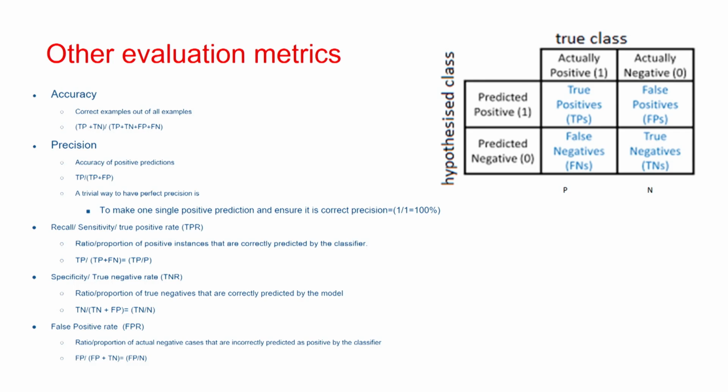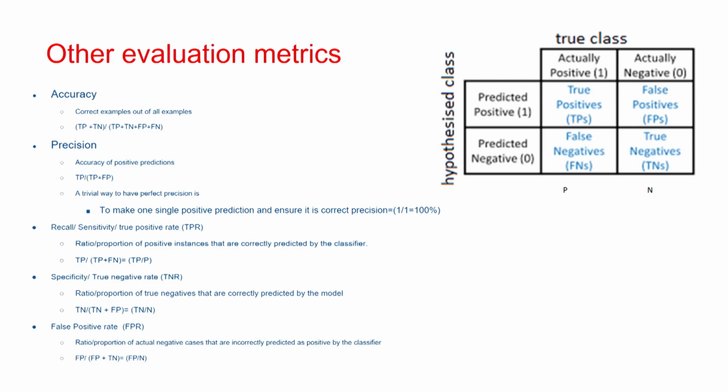Then the next evaluation metric is specificity, also called the true negative rate. This metric gives us the ratio, or proportion, of negatives that are correctly predicted by the model. Here we are talking about all the negative instances, and out of these, which are correctly predicted.